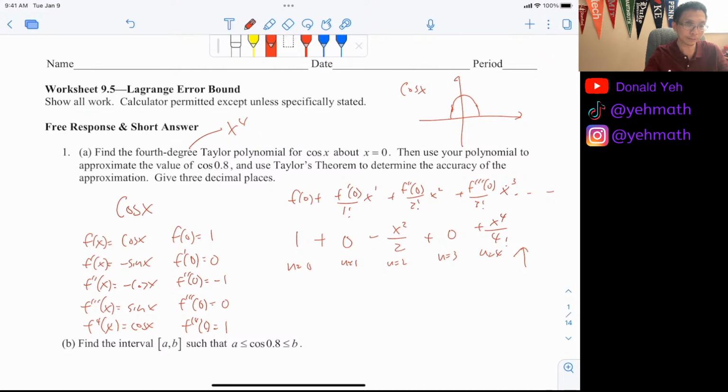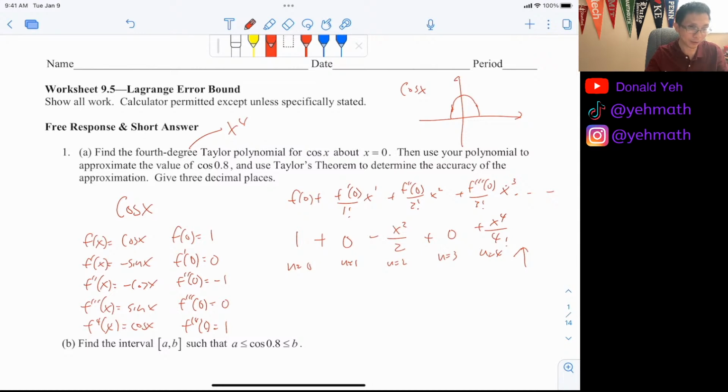Darby McCoy, the soccer player, asks: why do we use n equal to 4 rather than n equal to 5, or n equal to whatever?